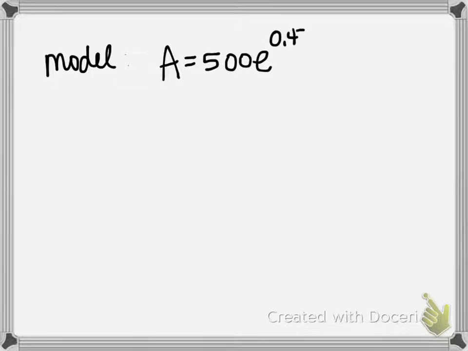So the model, or the equation that models the relationship between the time and the number of bacteria, in this scenario, is A is equal to 500 e to the approximately 0.47 times t. And again, just making note that we're not going to actually use the 0.47, but rather we'll use our stored amount, or we'll go ahead and use the exact value of natural log of 8/5 for that value.